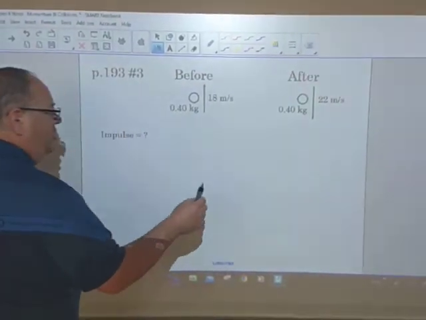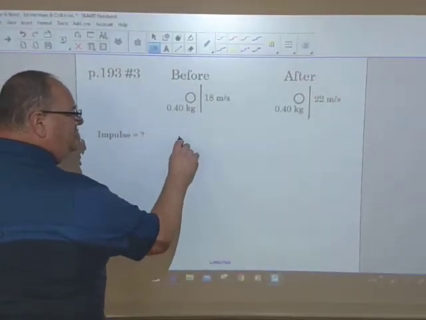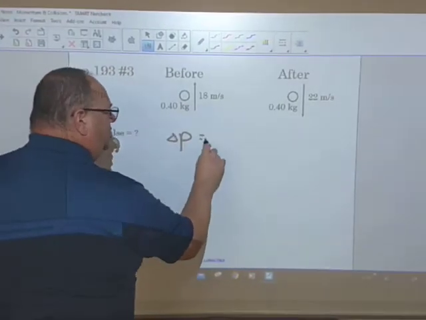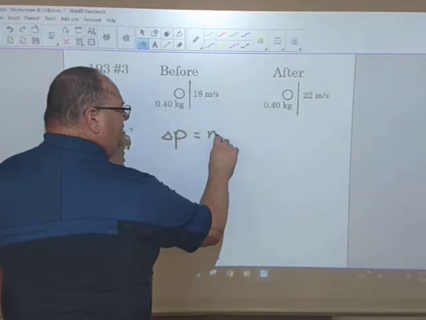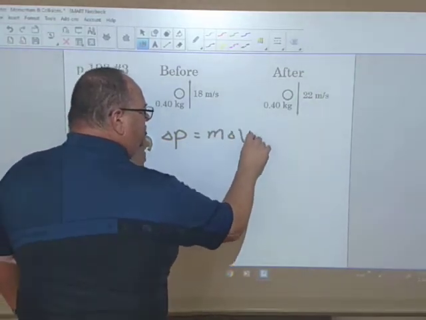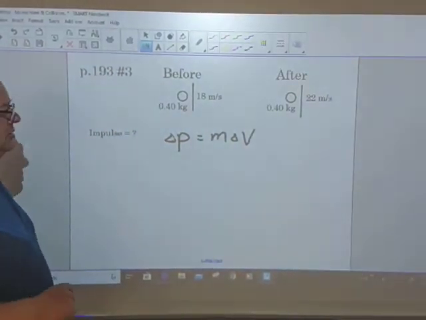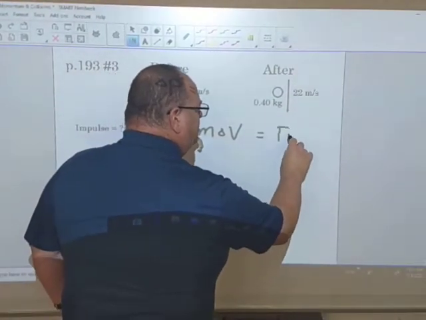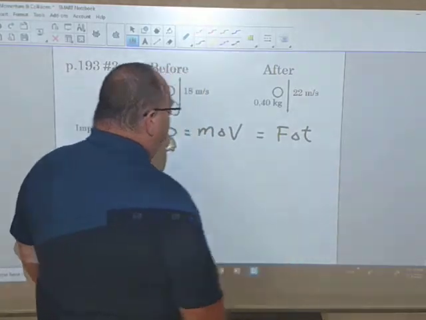We know that impulse is the change in momentum. In other words, it's the mass times the change in velocity. It would also equal force times change in time.